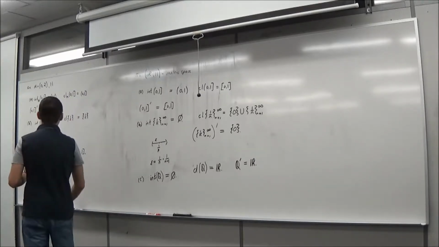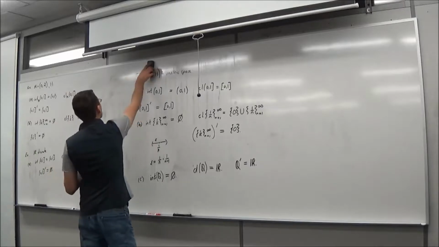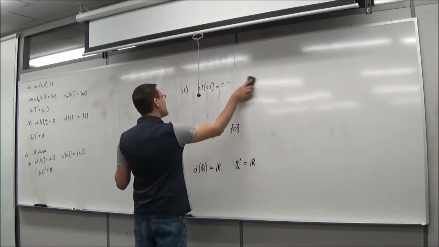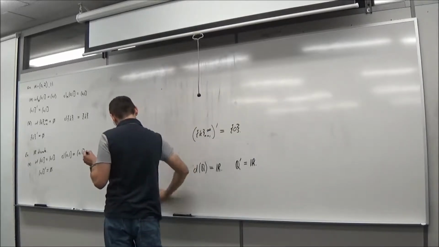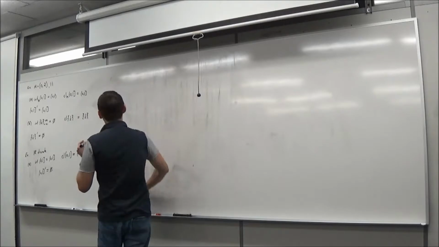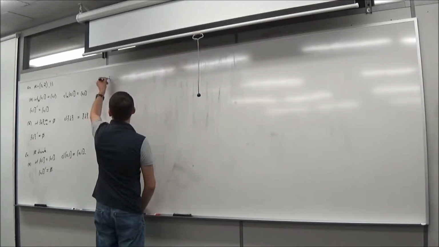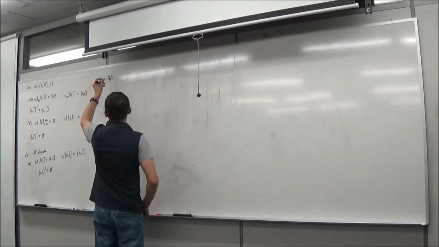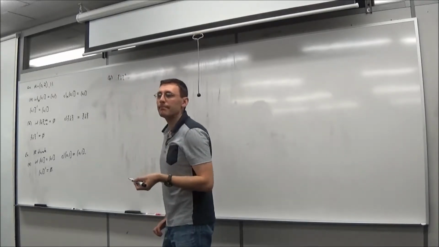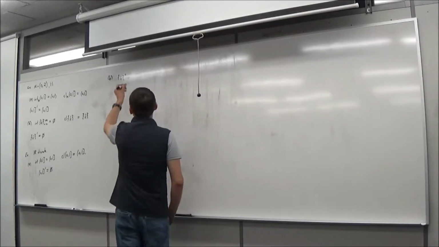And what would be the case with B? The case with B, where if I take 1 over n, what's the interior of 1 over n? Itself.